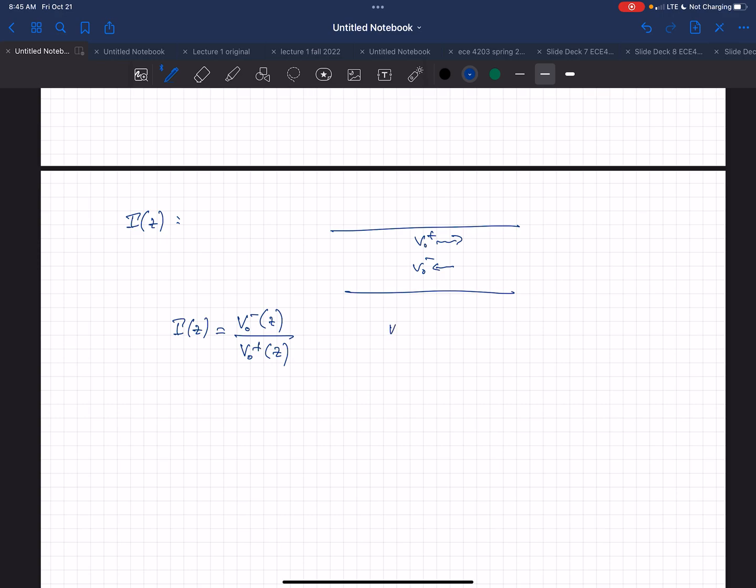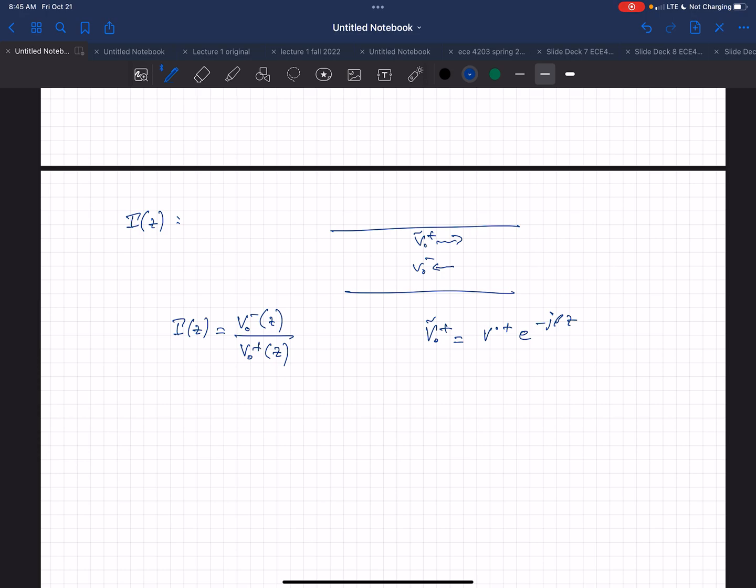Remember, V0 plus e to the minus j beta z is the forward going wave.